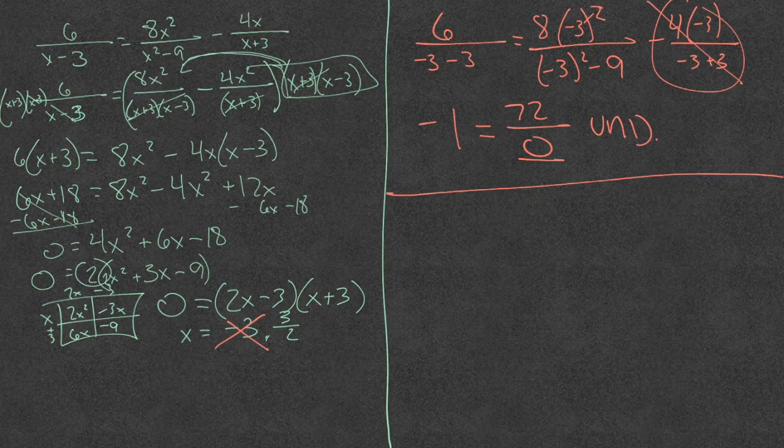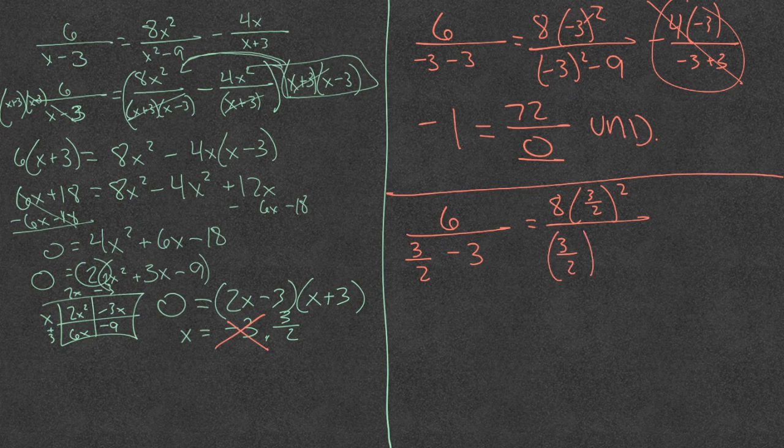Now, we should also check that 3/2 to be safe. So 6 over 3/2 minus 3 equals 8 times 3/2 squared over 3/2 squared minus 9, minus 4 times 3/2 over 3/2 plus 3. I know fractions are extremely undesirable, but that's the way we gotta go with it.